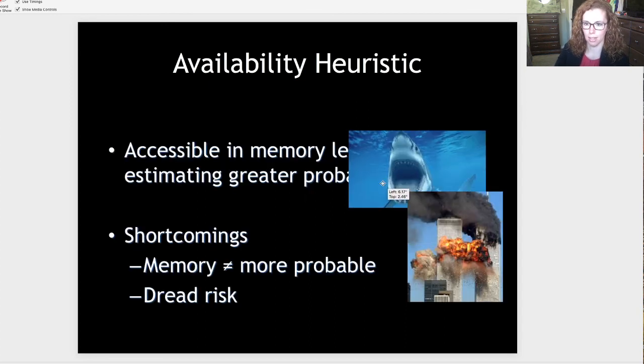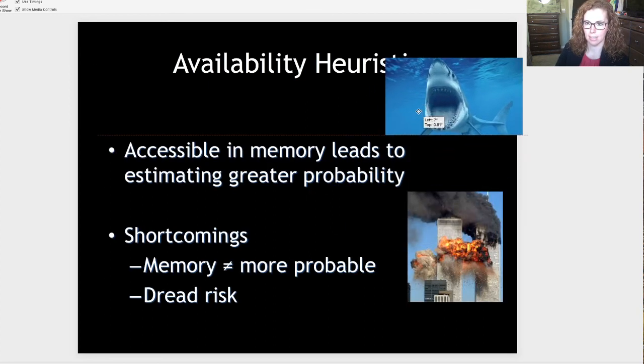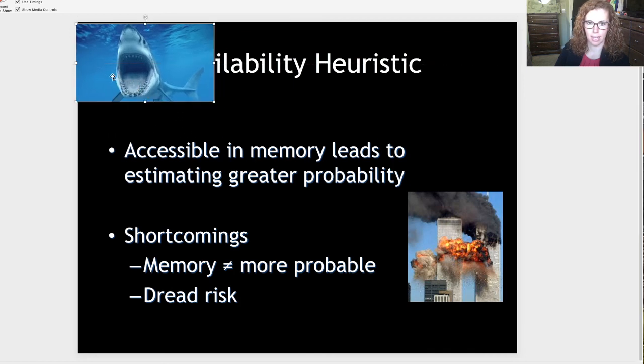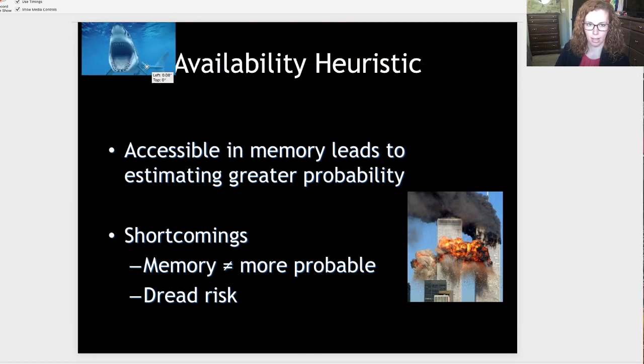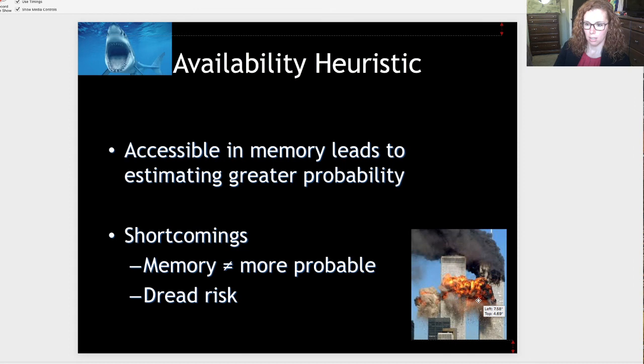For example, things like shark attacks, things like terrorist attacks. Remember, after 9/11, sort of somewhat similar to what's happening right now, no one flew in airplanes, everyone drove instead. And driving actually is a lot more inherently dangerous than flying in an airplane, COVID-19 notwithstanding.